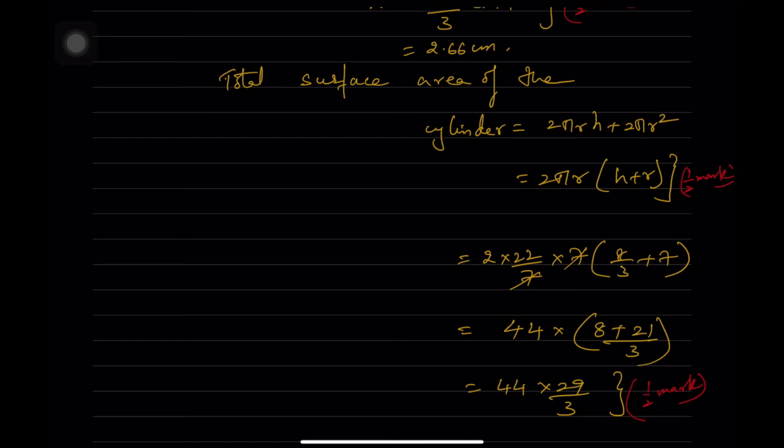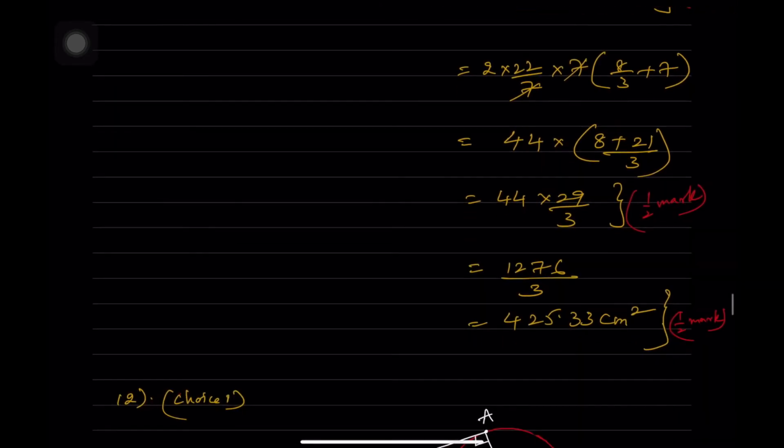Then substituting all the values, you know what is h, what is r. So 2 into 22 by 7 into 7 into 8 by 3 plus 7, 7 is getting cancelled. So 44 into 8 plus 21 by 3, which is 44 into 29 by 3. So the final answer which you are getting is 425.33 centimeter square.